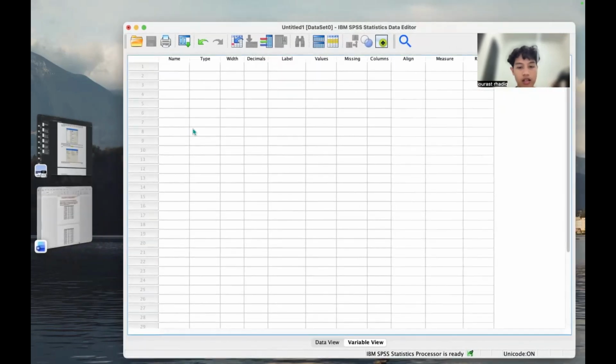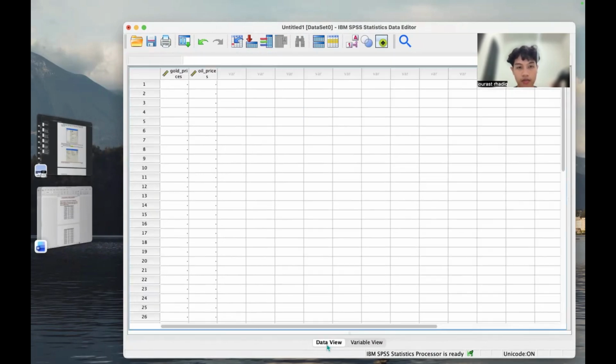Okay, so I use SPSS here. So we're gonna write, for example, gold prices. And here, oil prices. I want to make no decimal, so make it 0.